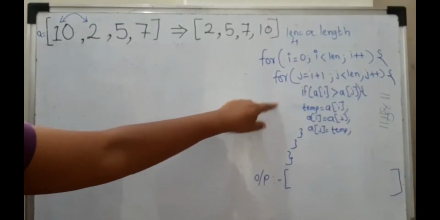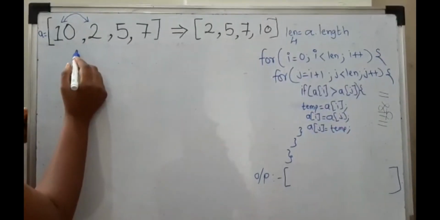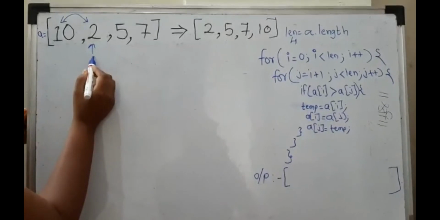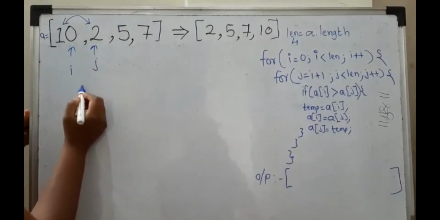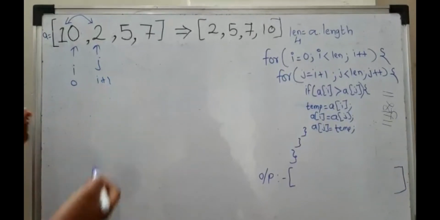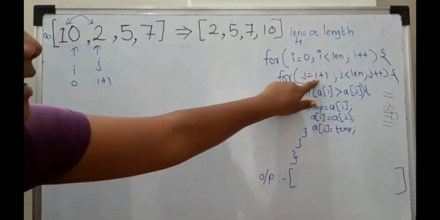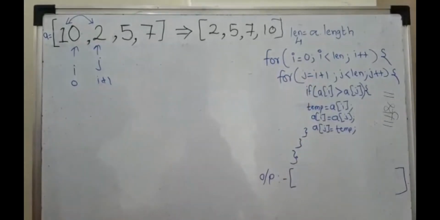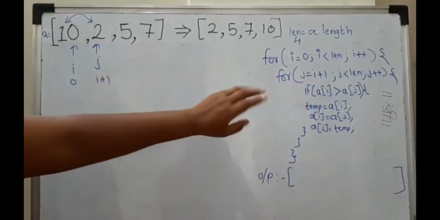In the inner for loop, as I told you, j is placed at the next of i. That means if i is 0, then j is i plus 1. So it starts with i plus 1, then it also reaches the end, with j plus plus.